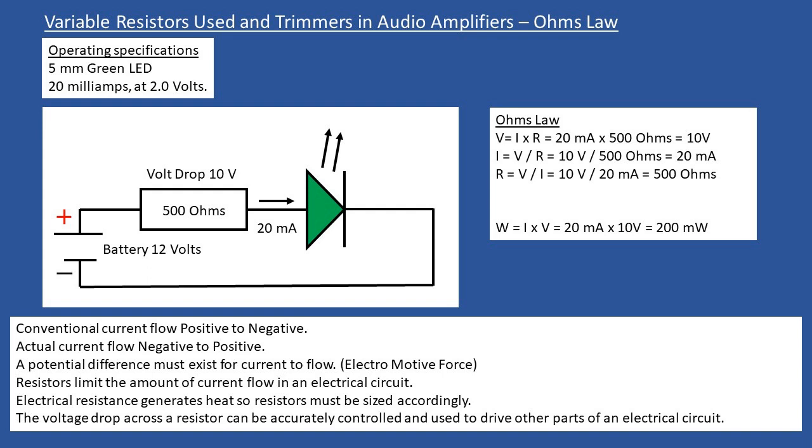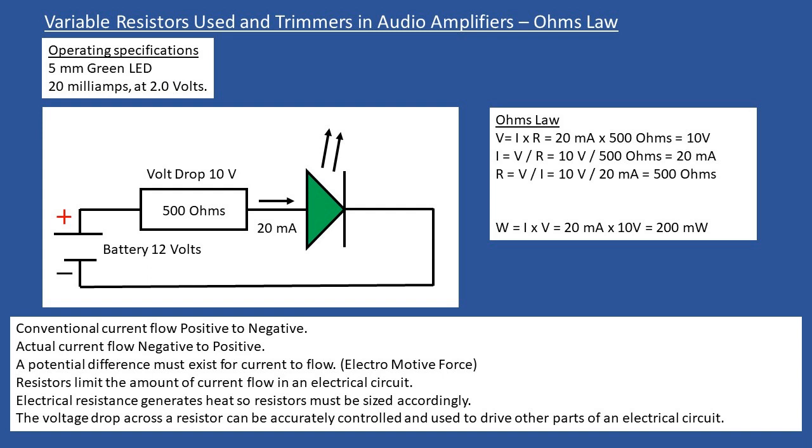So just before we step away from this, there's one other important thing, because it really comes back to that statement where we talk about a resistor limiting the amount of electrical current in a circuit. So what I'm going to give you here is a typical example.